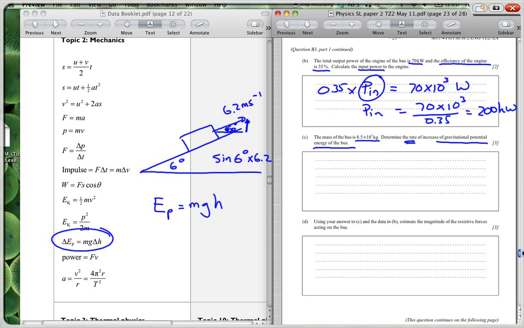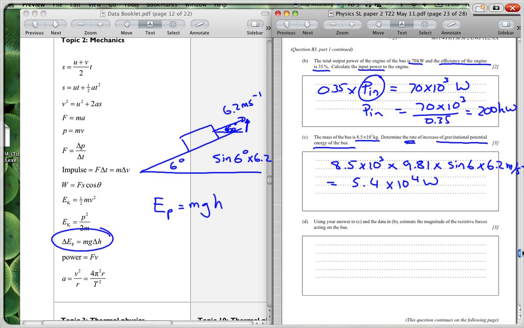So your rate of change here would be your mass, 8.5 times 10 to the 3, times g, which is 9.81, times sine of 6 times 6.2 meters per second. That's going to give a joules per second value, and you get a value of 5.4 times 10 to the 4 watts.